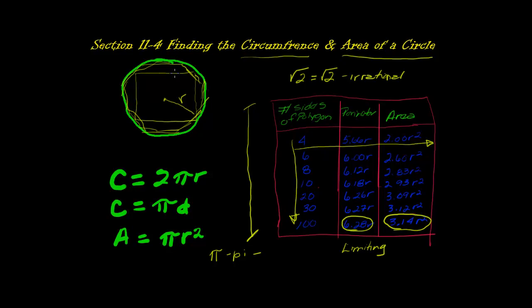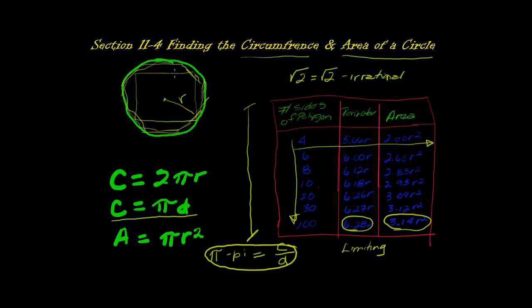Pi is the same concept, and pi is equal to the circumference of a circle divided by its diameter. And that is the one thing you'll always need to remember. Pi isn't 3.14 whatever. Pi is the circumference of a circle divided by the diameter, or the circumference of a circle is equal to pi d.